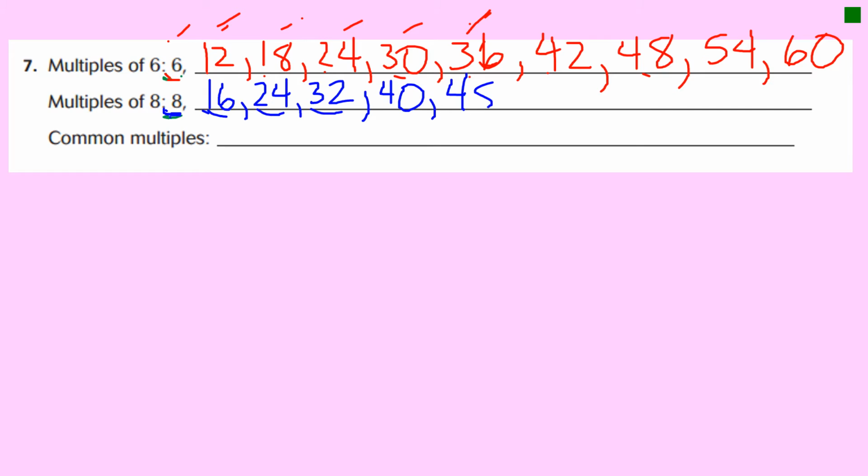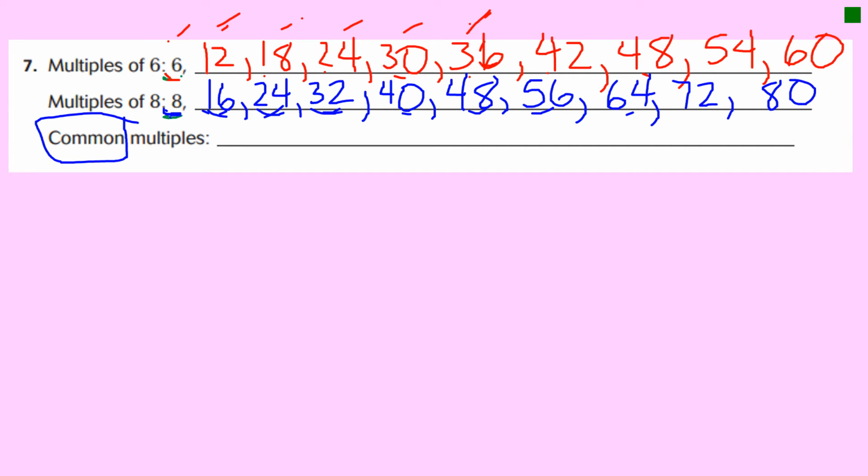We're counting by 8s. 48. Okay. What's 8 more than that? 56. 64. Okay, let's count them. 1, 2, 3, 4, 5, 6, 7. Oh, 2 more. Okay, 64 and 8 more. 72 and 80. Those are multiples of 8.